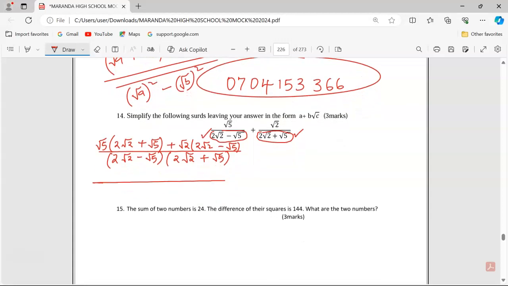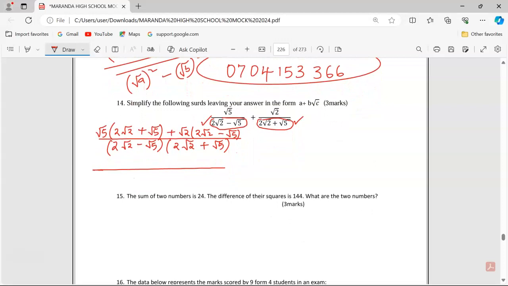That is how we simplify conjugates instead of following the long method of simplification and opening of brackets and factorizations. So now, instead of expanding, I will take 2 root 2 squared, then I subtract the root of 5, also squared.